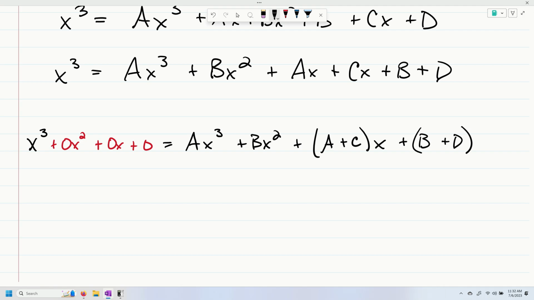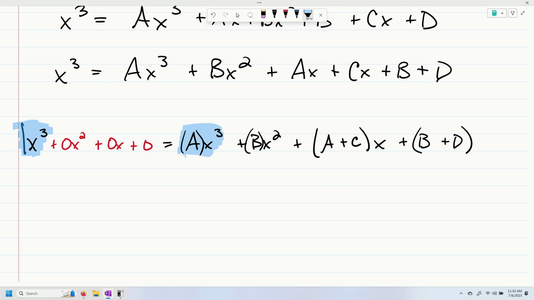And remember, these are going to be constants. The reason why I'm doing this is there is a coefficient of 1 out front of the x to the third, which if you look at this from left to right, you can already see that a is going to equal 1 because this term right here has to equal this term right here.